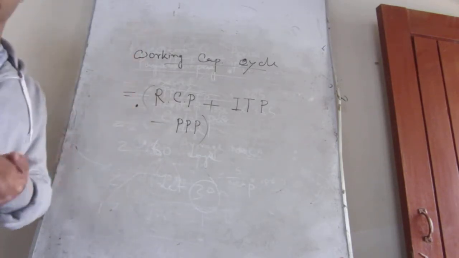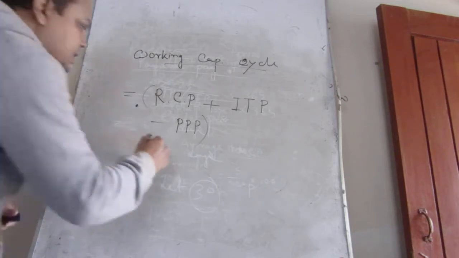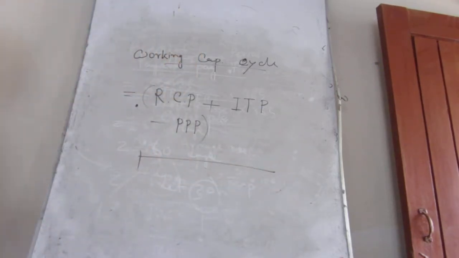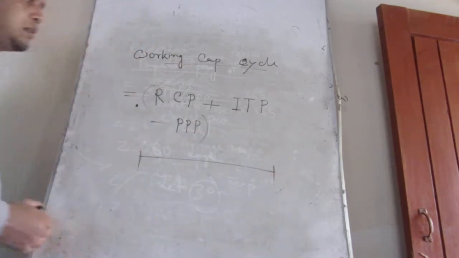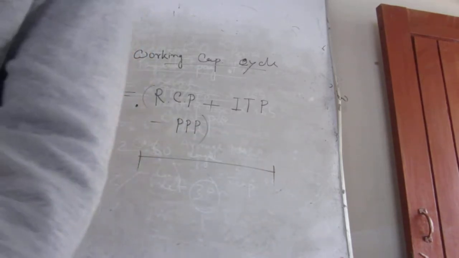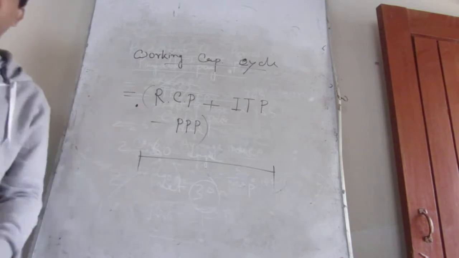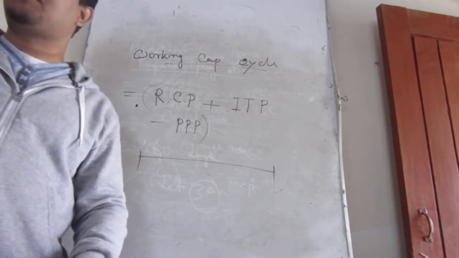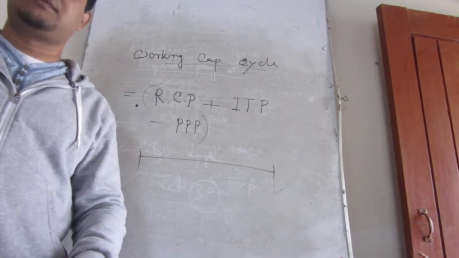Working capital cycle means the distance. What distance? It's a cycle. Initially, you are purchasing raw material from the supplier, right?